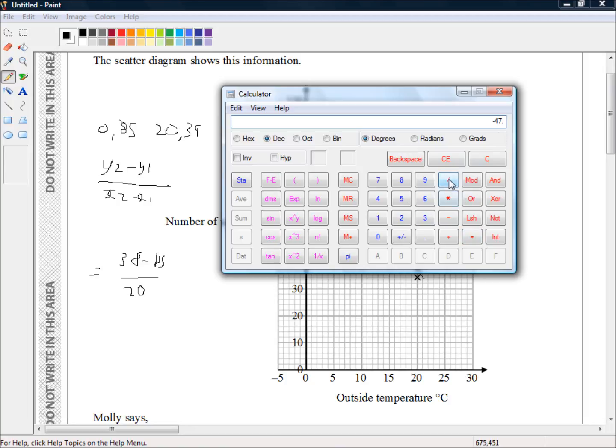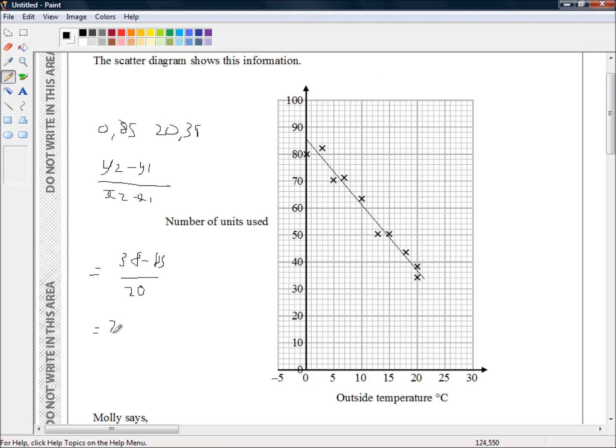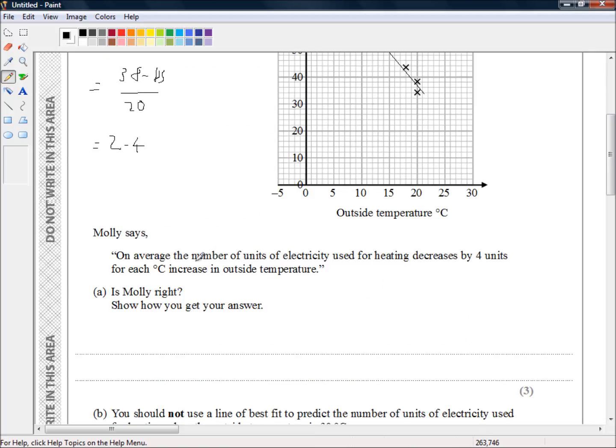So that's negative 47 divided by 20 is equal to negative 2.35. Again, you'll have something different. I'll say that was 2.35, so that should be about 2.4. Okay, and that's negative 2.4.